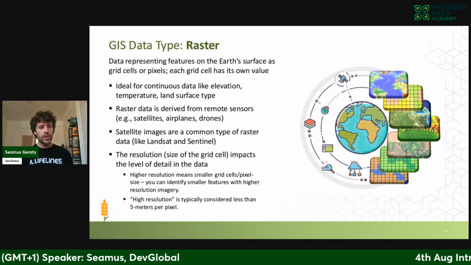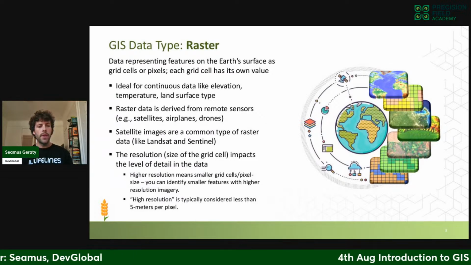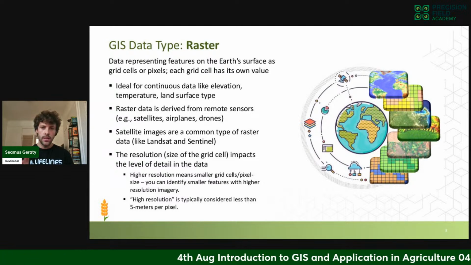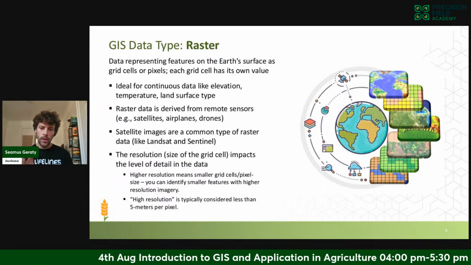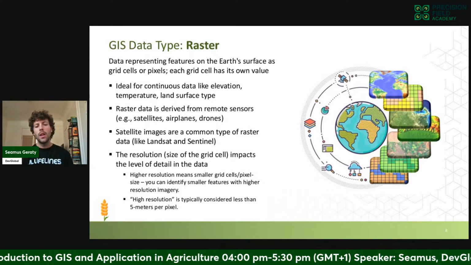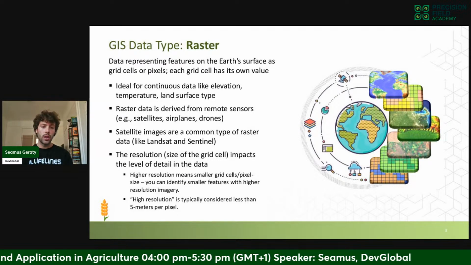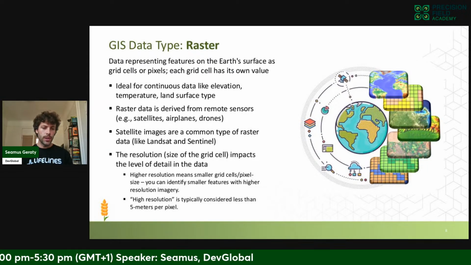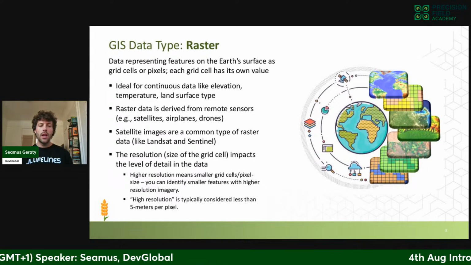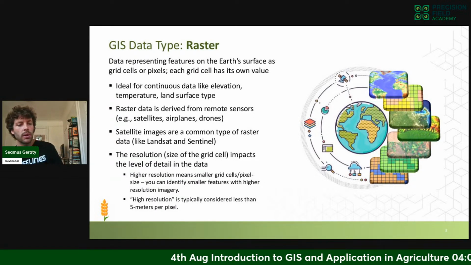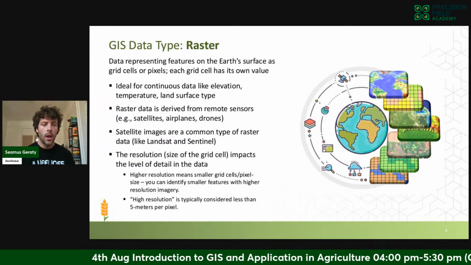And then the resolution size of the grid cell impacts the level of detail in the data, right? So what size is the pixel that the satellite, drone, or airplane is collecting on the surface of the Earth determines the resolution of the image. Higher resolution images mean smaller grid cells, or pixel sizes, and you can identify smaller features in these images, right? High resolution is typically considered less than 5 meters per pixel.